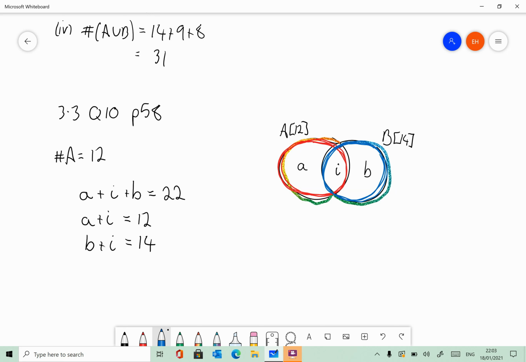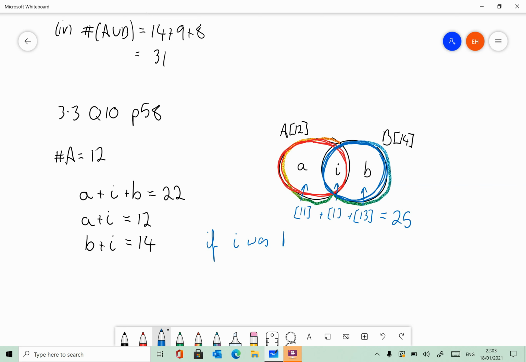Right. If I was, let's say, 1, so if there was 1 in between, that would be 1, 11, and 13 in A, in I, and in B. So that's no good, because when we add those together, what do we get? 25.